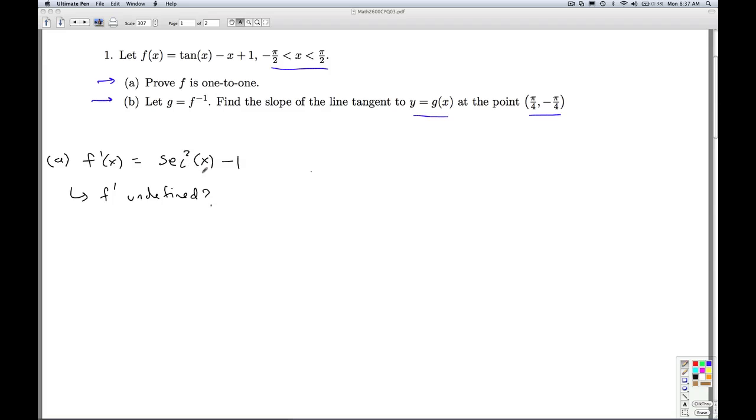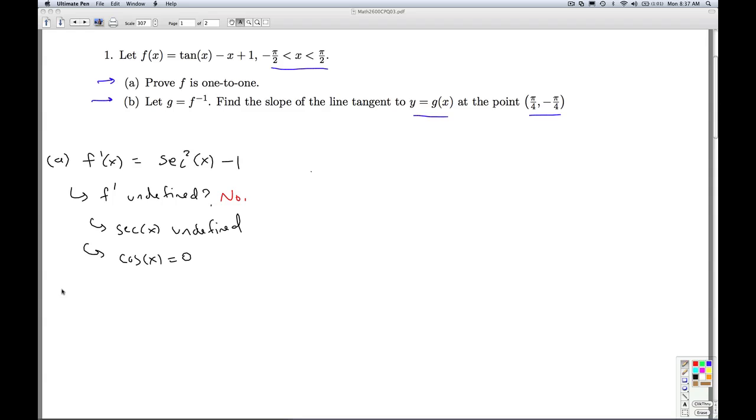The only thing that could be troublesome would be the secant of x being undefined, and that would be any place where the cosine of x equals 0. I look on the interval I'm considering here, and cosine x is never 0 on this interval, so that means f prime is always defined. So there's no places where it's undefined.